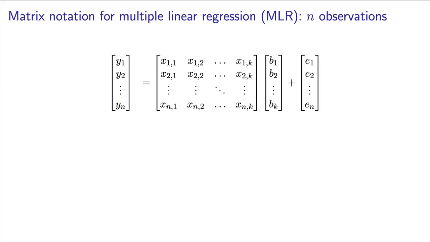I've also replaced the betas now with b's to emphasize that we're going to estimate the b values rather than us knowing what the population model is. So we have a matrix of x observations, n rows and k columns. There are n rows for every observation and k columns for the k input variables. Multiply that here by our vector b1, b2 up to bk, so k entries of b, and then we add a vector of errors at the end. I've emphasized the dimensions of each of the vectors and matrices over here.